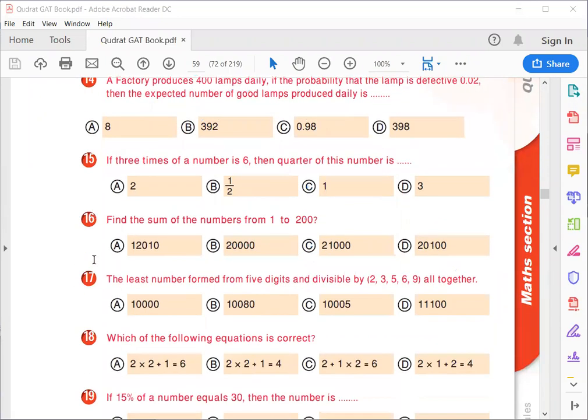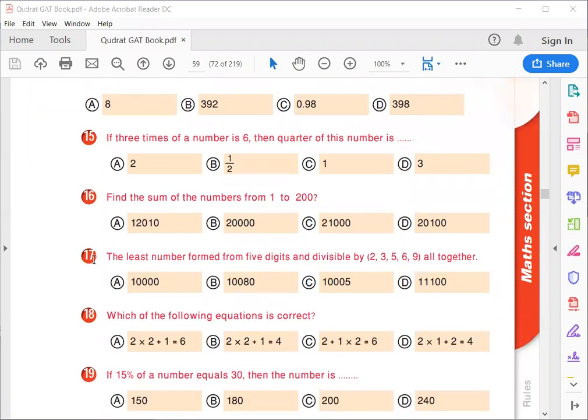Now number 15. If 3 times a number is 6, then a quarter of this number is what? Now we must understand the meaning of the question to solve it and get the correct answer.